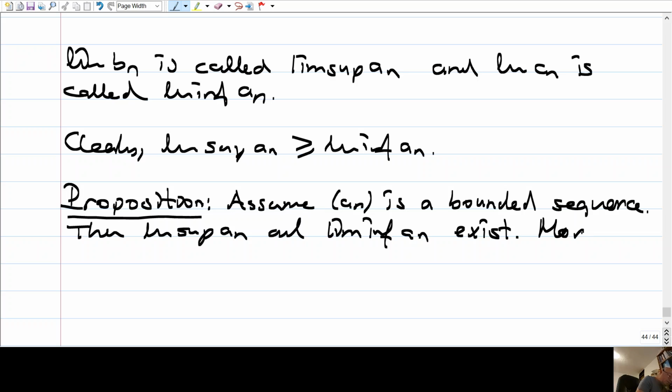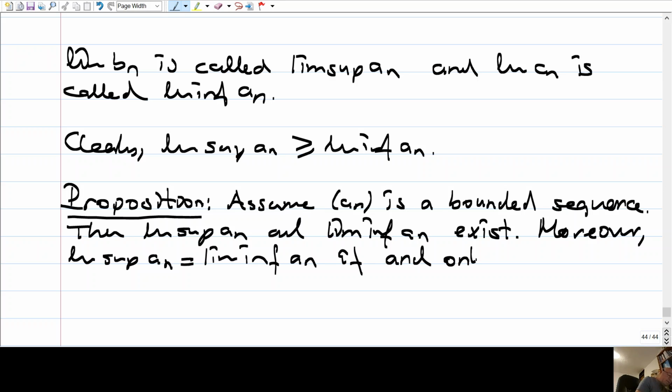Moreover, lim sup an is equal to lim inf an if and only if limit an exists.